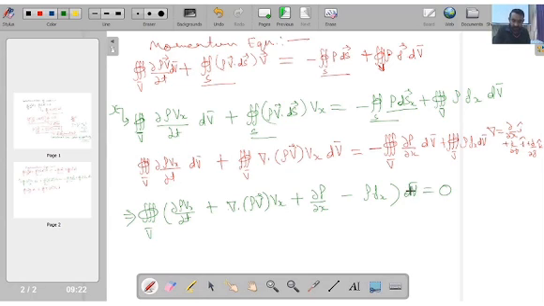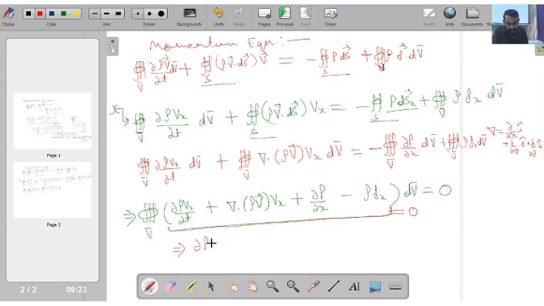Once again, if this integration has to be 0, then only this integrand must be 0, because this particular dv bar is actually finite in size. Even if it is infinitesimally small, it is not exactly equal to 0. So now I have to put the integrand equal to 0.